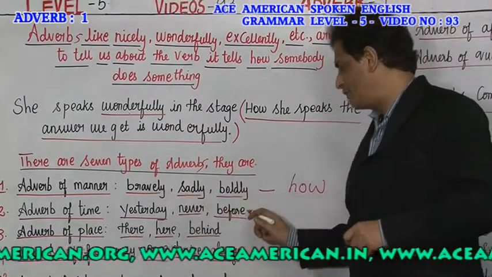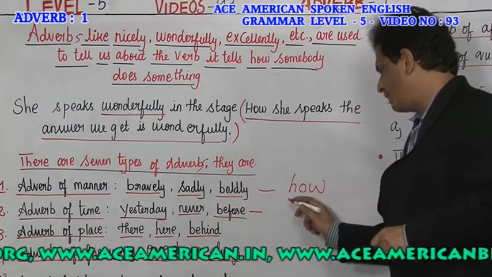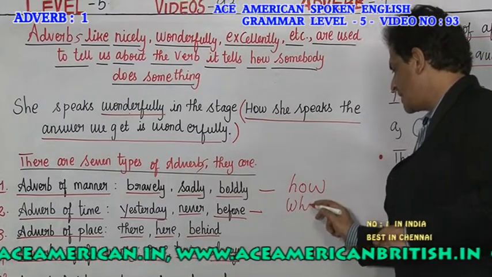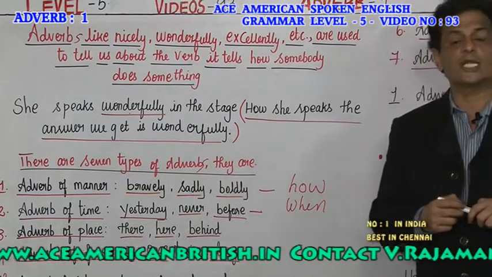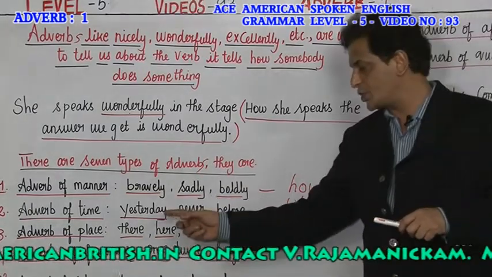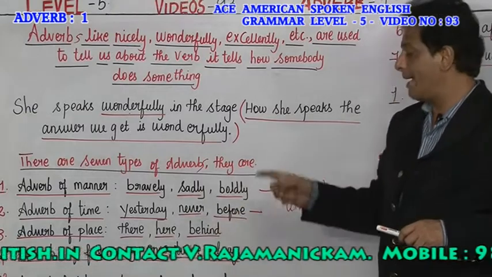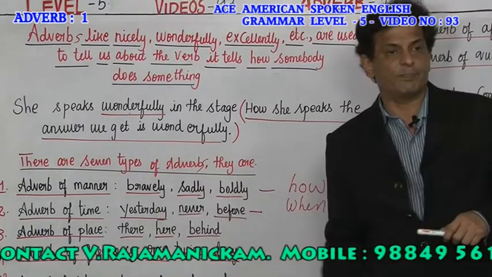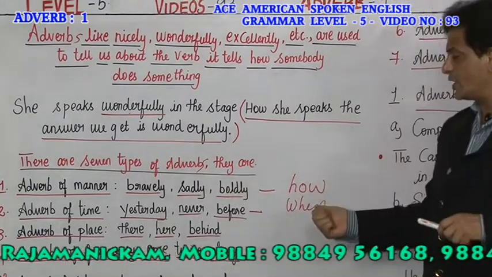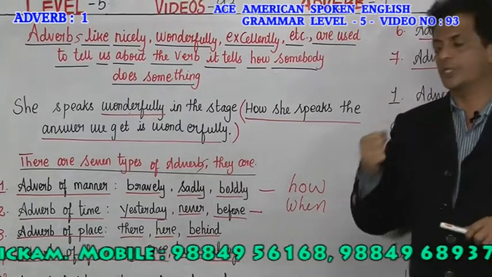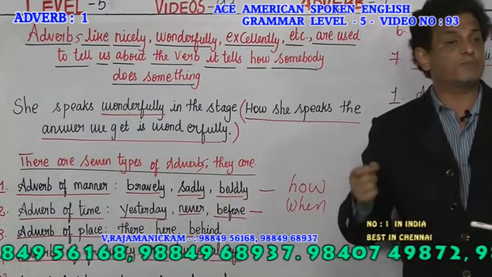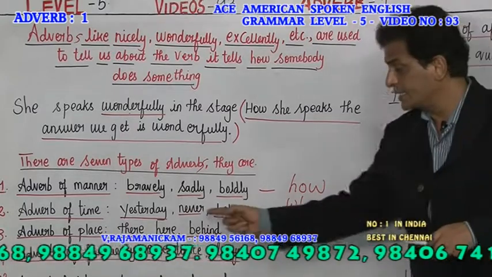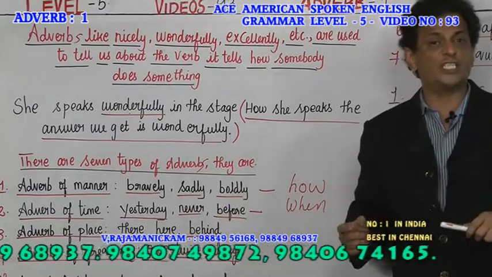Then you come to adverb of time. You ask the verb a question, when? The answer you get is called adverb of time. Yesterday, never, before. He came when? Yesterday.